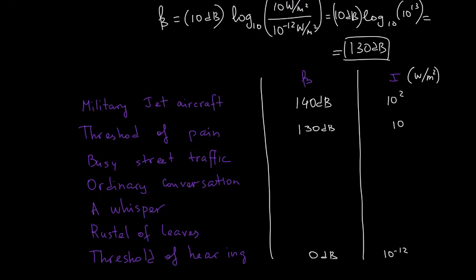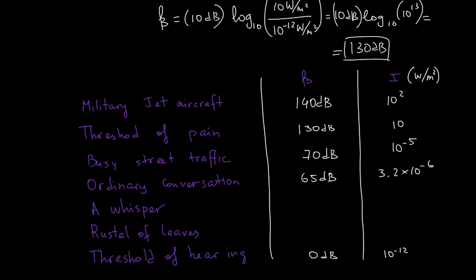Busy street traffic is about 70 decibels, and that is 10 to the negative 5 watts per meter squared. Ordinary conversation is 65 decibels, which is 3.2 times 10 to the negative 6 watts per meter squared.